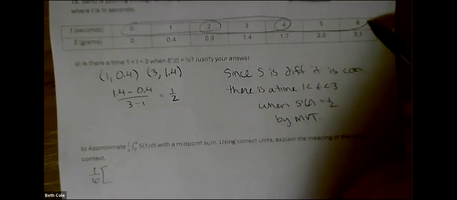All right, approximate 1/6 integral 0 to 6 with a midpoint sum. So that 1/6 is kind of just there. They just stuck that in the problem. We're going to do a midpoint sum. So I want these to be my subintervals so that I can get a midpoint. So there's only going to be 3 of them.